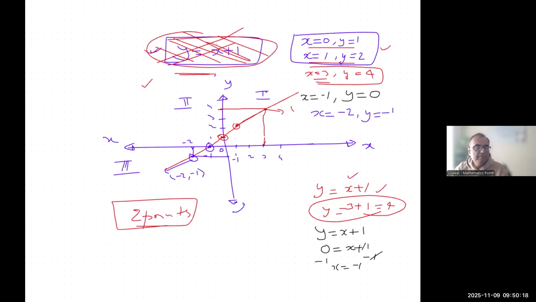Now, what if my y is -5, what will be x? -6. Good job. All right, cool. Let's go to the next page now and summarize what we've just learned.